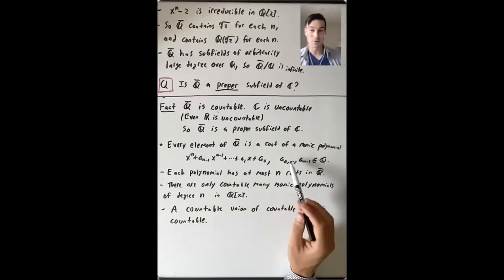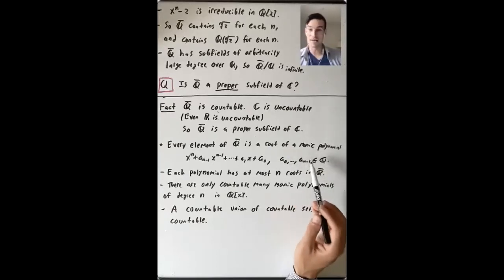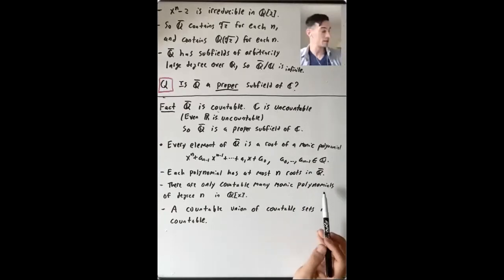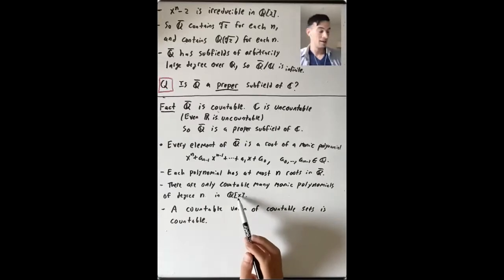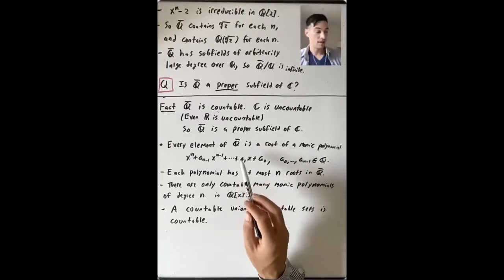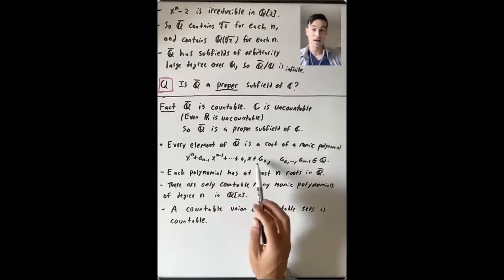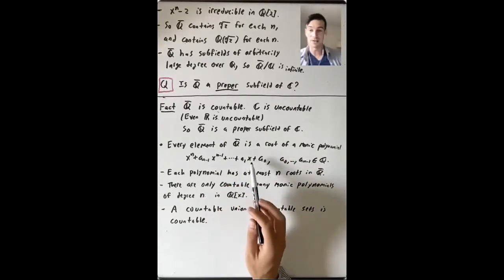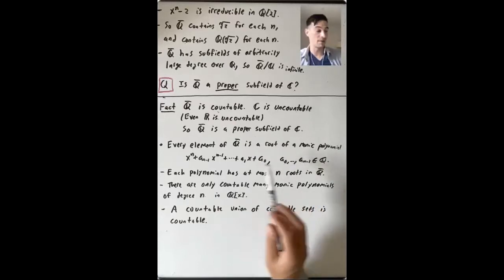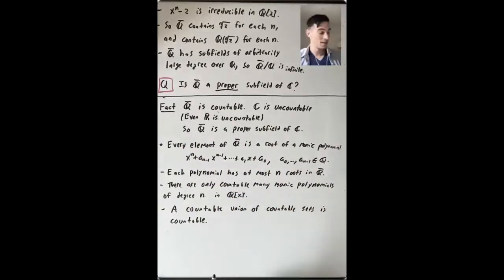There are n minus 1 coefficients, and you have countably many choices for each. That shows that there are only countably many monic polynomials of degree n in Q[x]. And each one only has at most n roots. So the set of elements of Q bar that come from roots of all of the monic polynomials of degree n in Q[x] is a countable set.